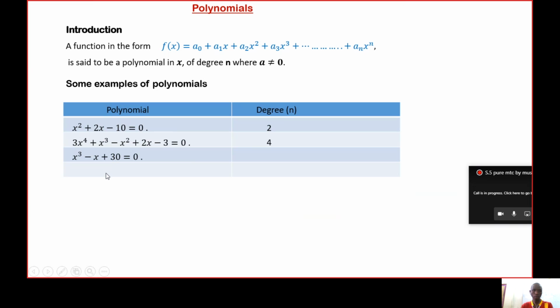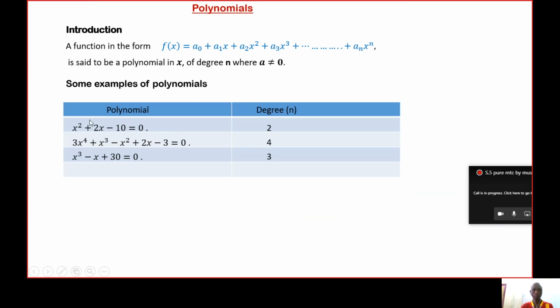We have x^3 - x + 30 = 0. So this polynomial here, it is of degree 3. Yes. So here we are able to look at a polynomial and then we conclude what its degree is.